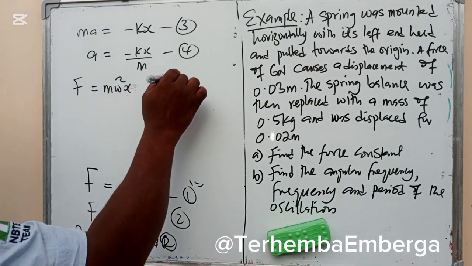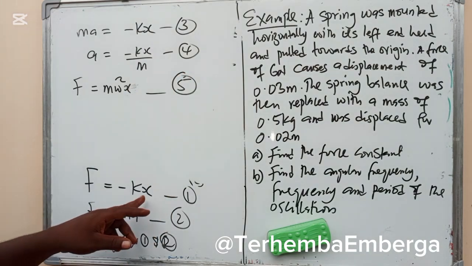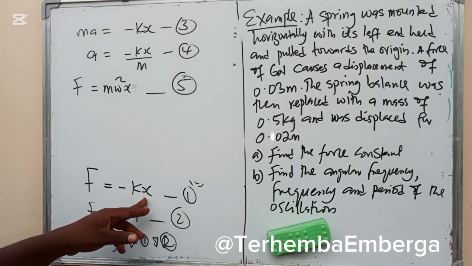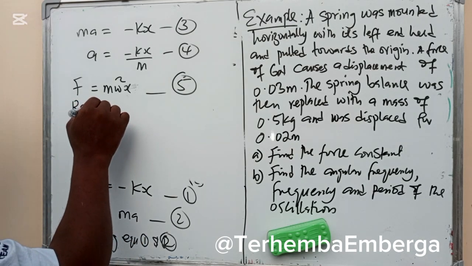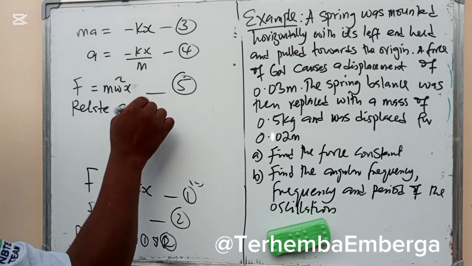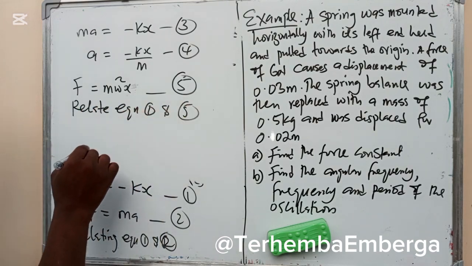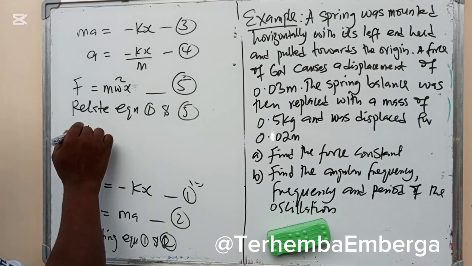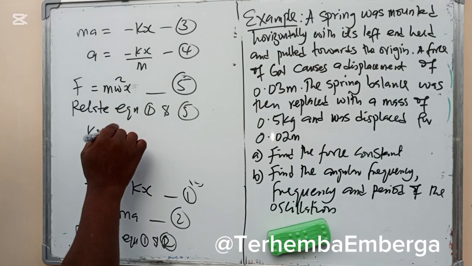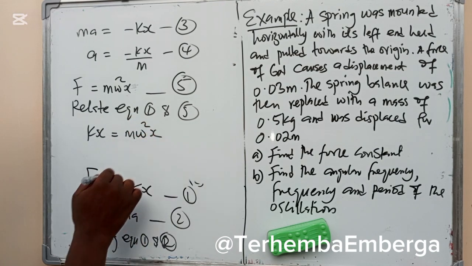So if this is equation 5, by the time you relate equation 1 and 5, we now have kx equal to m omega square x.